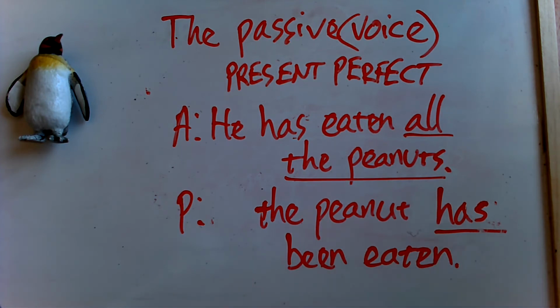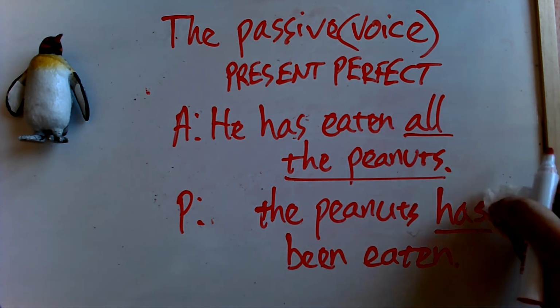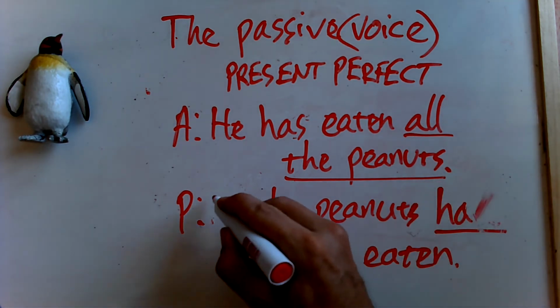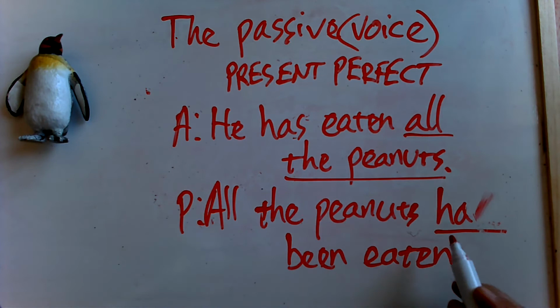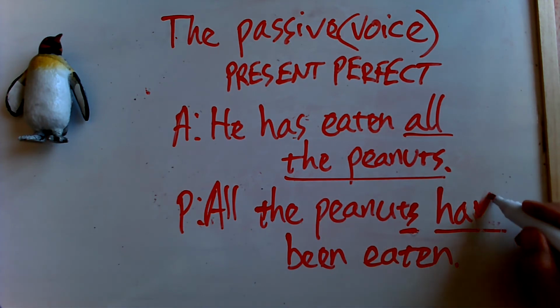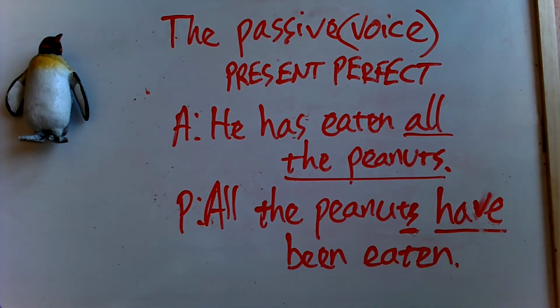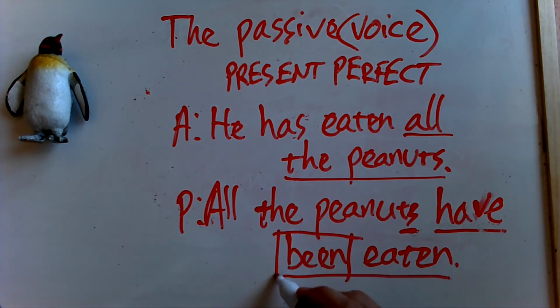The peanut has been eaten, but it's not singular, it's plural, and so all the peanuts have been eaten. So this "been" is the form of the verb to be. That's how we make the passive voice in the present perfect.